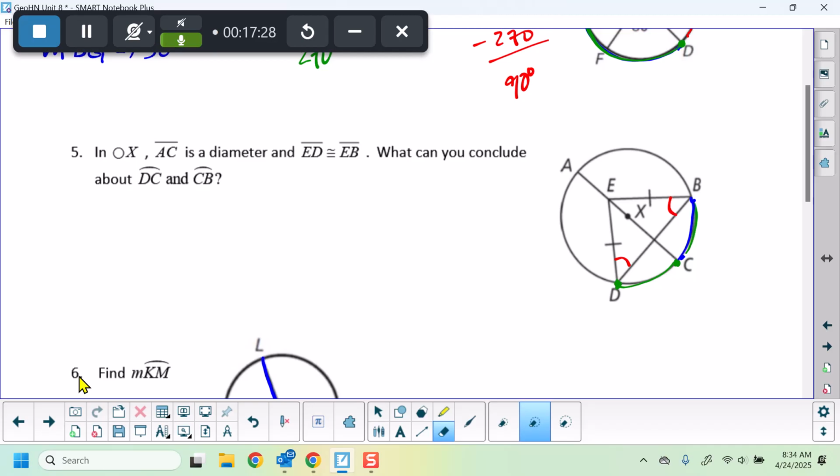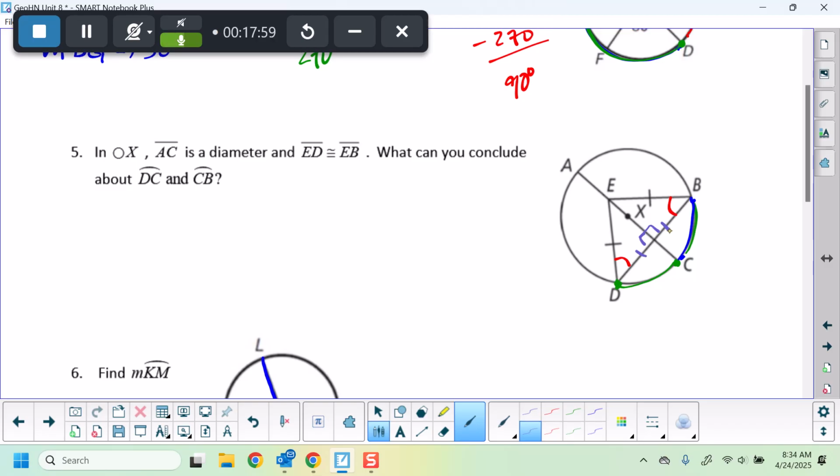So let's talk about this a little bit. I know the triangle is isosceles because EB and ED are congruent. Therefore, I know that these angles are congruent because of the isosceles base angle theorem. And then I'm also going to know that this is a right angle and that these are bisected because of the perpendicular bisector theorem.